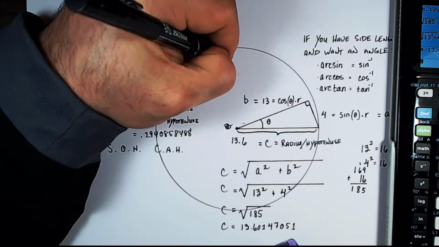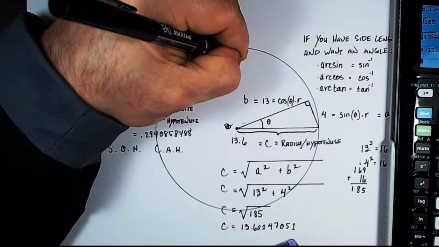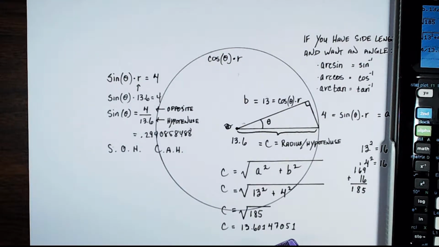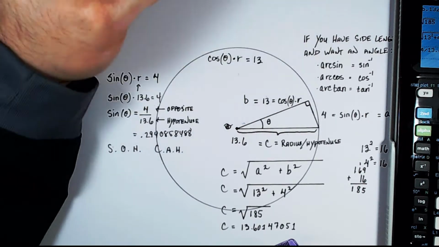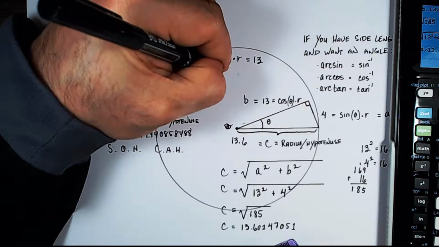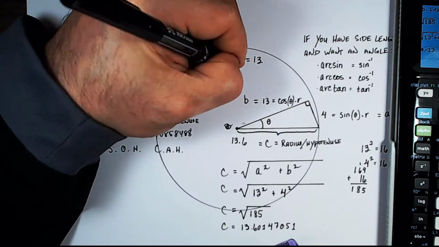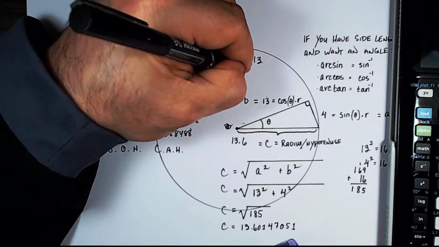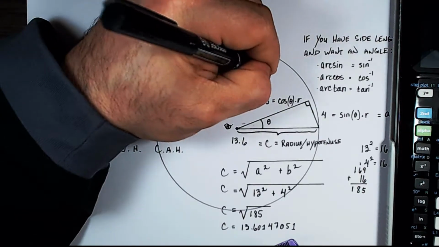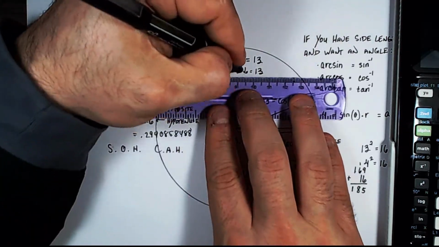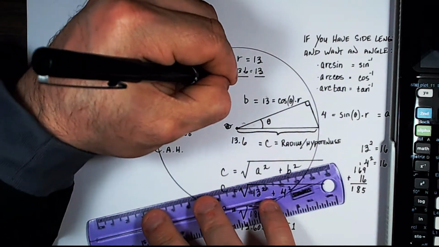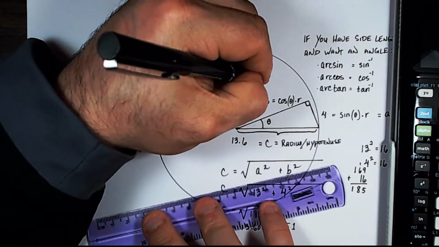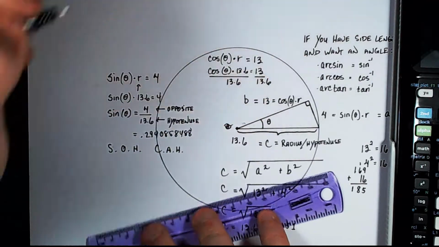Cosine of theta multiplied by the radius of the circle equals 13. So since I know the radius, cosine theta multiplied by 13.6 is equal to 13. So if I want to know what cosine of theta is, I divide 13 by 13.6.